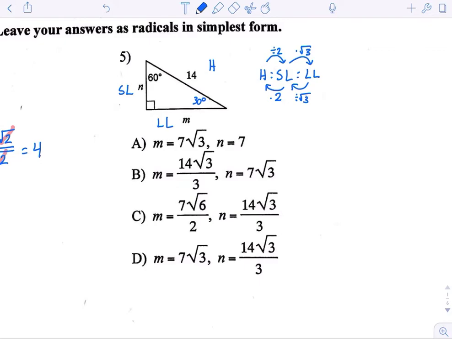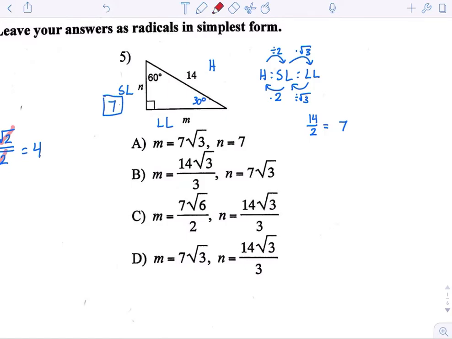Okay, so we're currently at the hypotenuse. To get from hypotenuse to short leg, we have to divide by 2. So 14 divided by 2 is equal to 7. So 7 is our short leg.